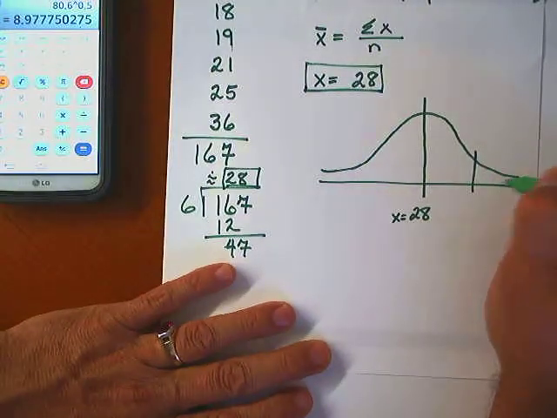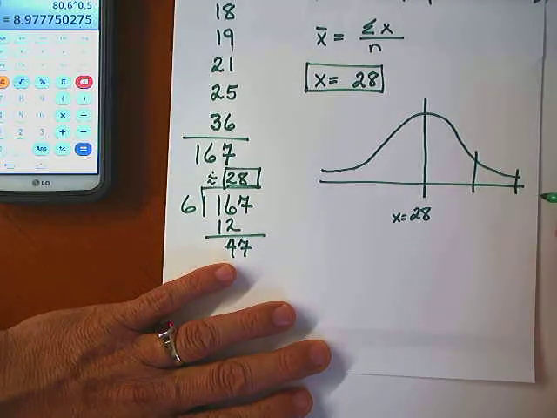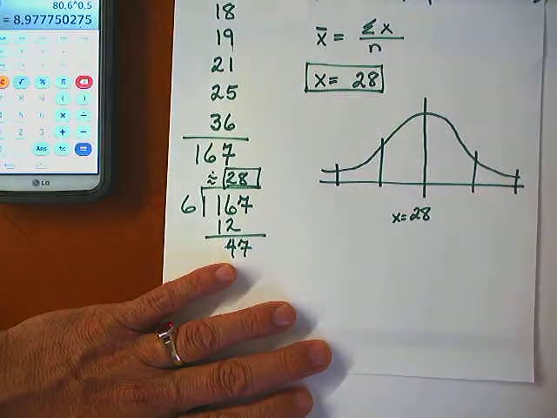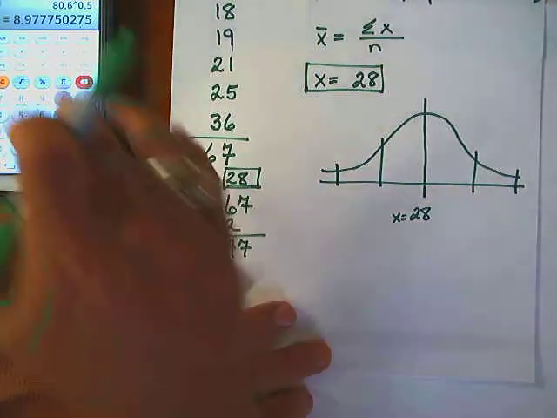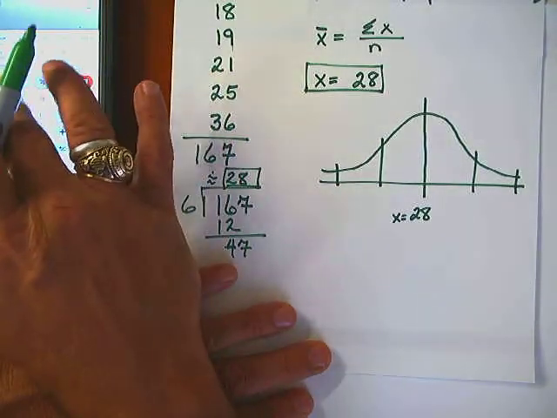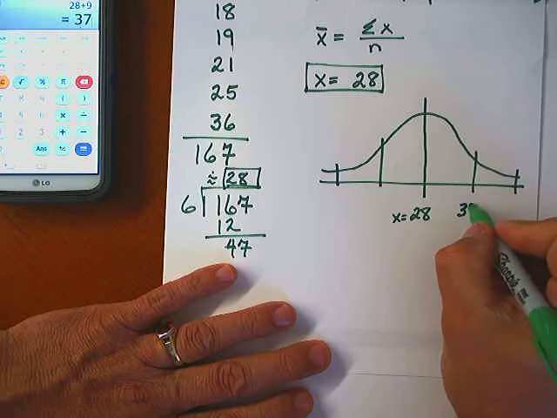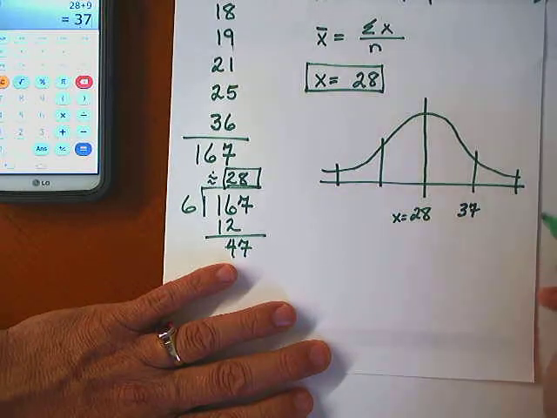Now what that means is, go back to our original problem. Here is our mean, and I'm going to add 2 standard deviations to the right, and the reason you add is because addition is to the right, and I'm going to subtract 2 standard deviations on the left because left is negative.